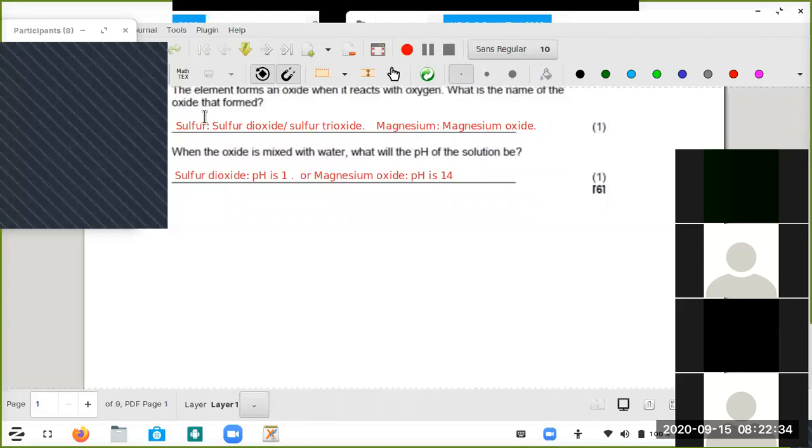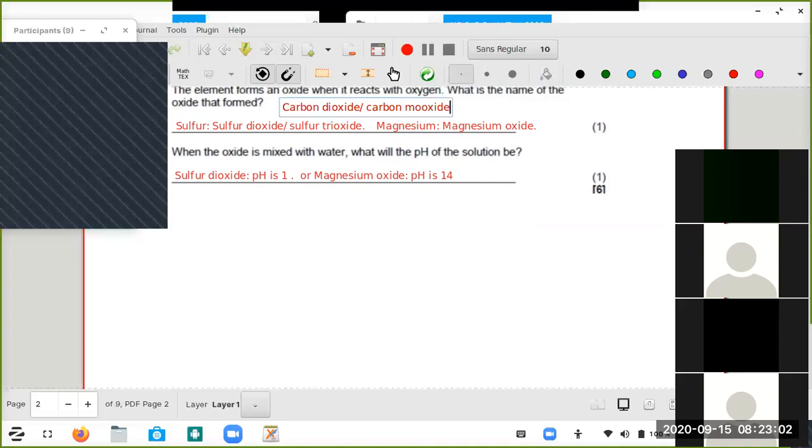If I did not write carbon dioxide here, allow me to add it as one of our possible solutions, which means it's carbon dioxide, or it can form carbon monoxide.